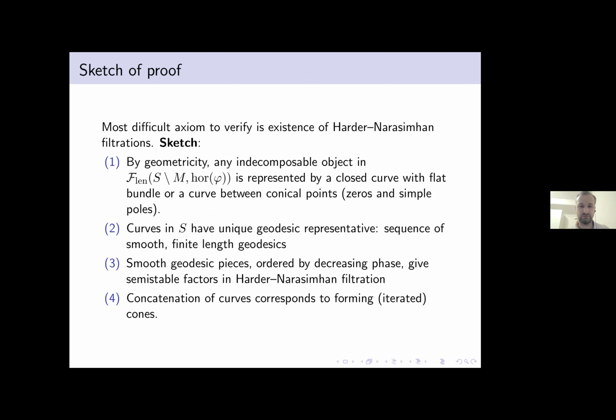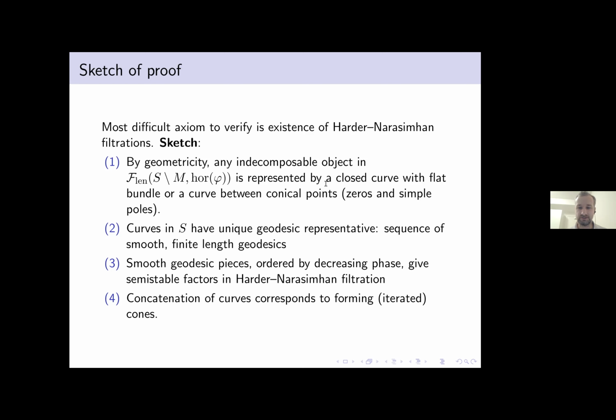So remember that it told you that every object in your category was some extension of semi-stable ones in decreasing order of phase. And now this is where the geometricity property comes in, that we can understand all objects in a geometric way. So here's a sketch of how to prove the existence of the Harder-Narasimhan filtration. You start with an arbitrary indecomposable object in this category.